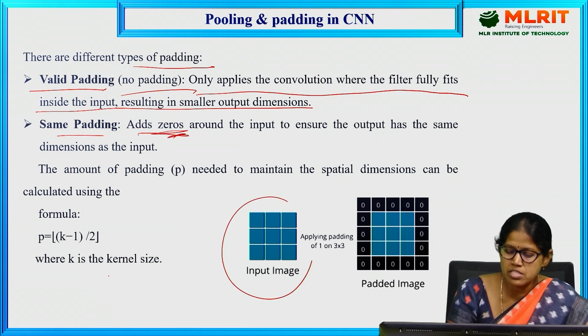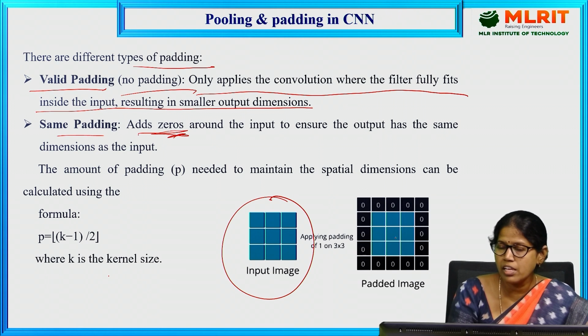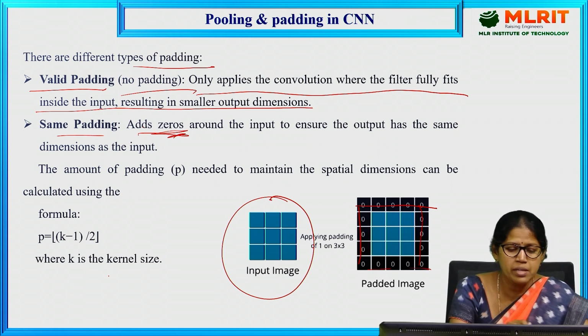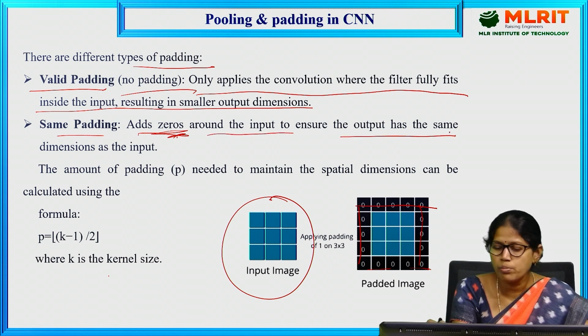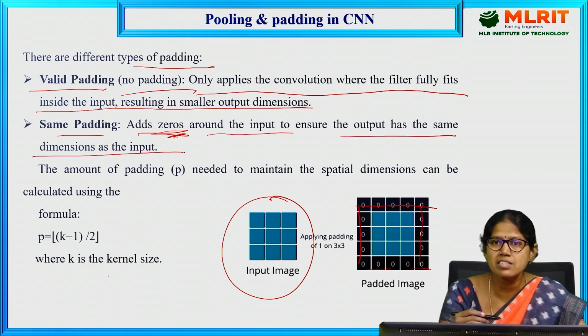For example, this is the input image. After applying padding, the image looks like this. So around the borders, horizontally and vertically, it will add zeros to the entire image. Same padding adds zeros around the input to ensure the output has the same dimension as the input.